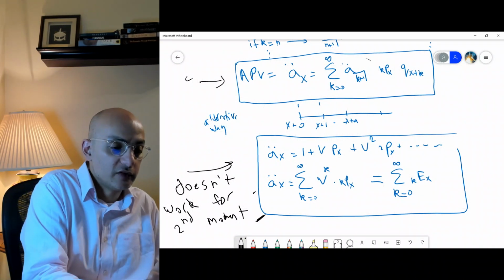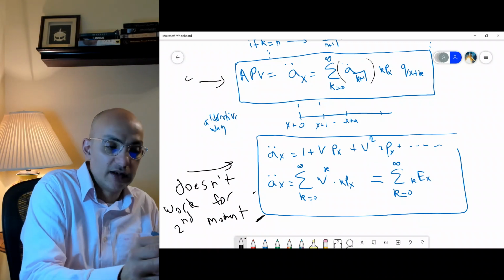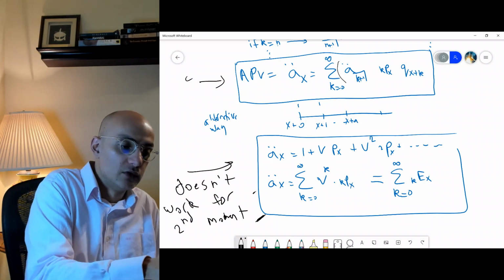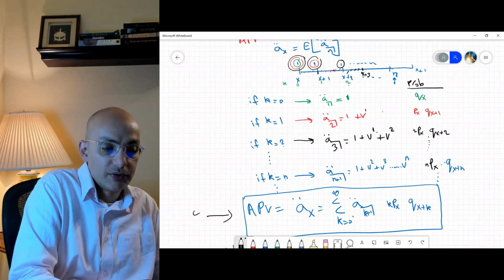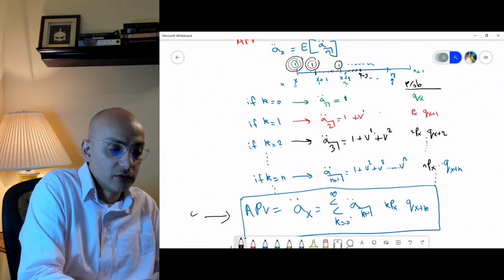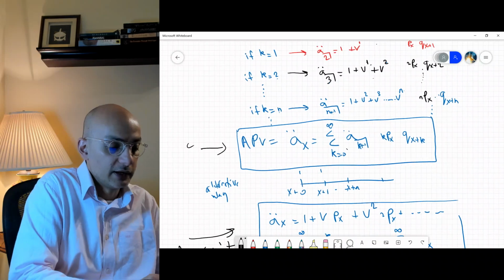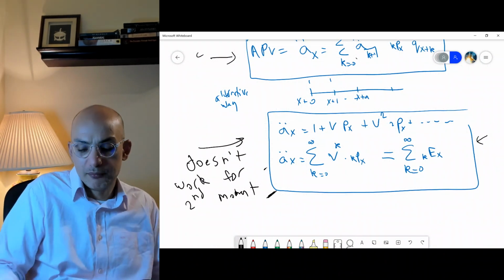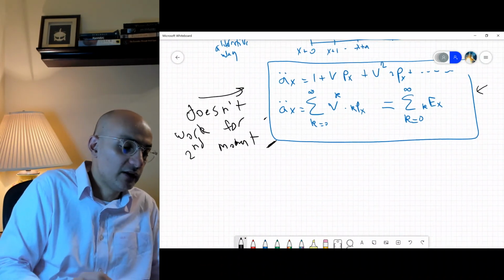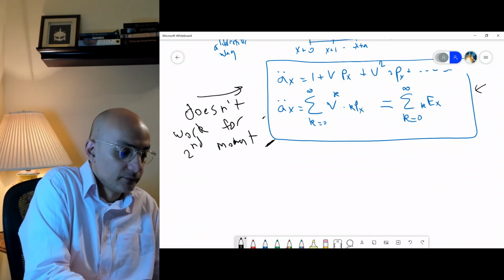You raise the value to 2. In the table we created, you keep the probability, but you raise this 1 plus v to 2, raise this to 2, and multiply by the probability. You cannot use any of these formulas here. It's very important to keep this in mind. There is an alternative, third way.